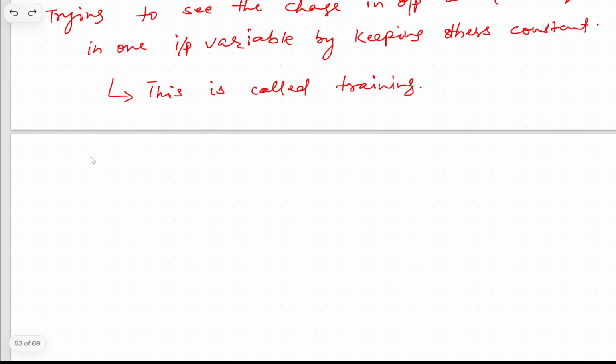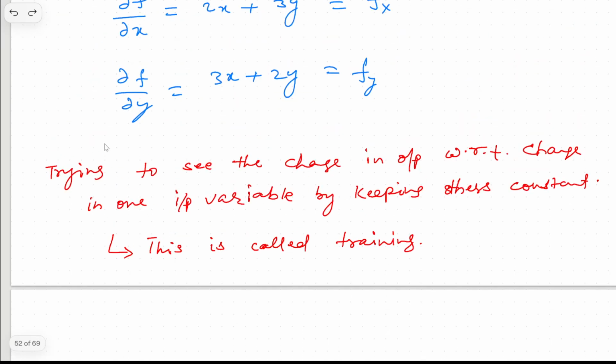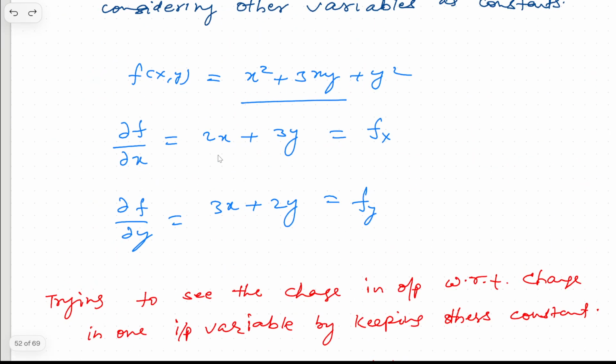Okay, now this is how we calculate the derivatives, higher order derivatives. What I mean to say is this is how we calculate the derivatives of multivariable calculus. If there were more variables, then we would have calculated like this one.